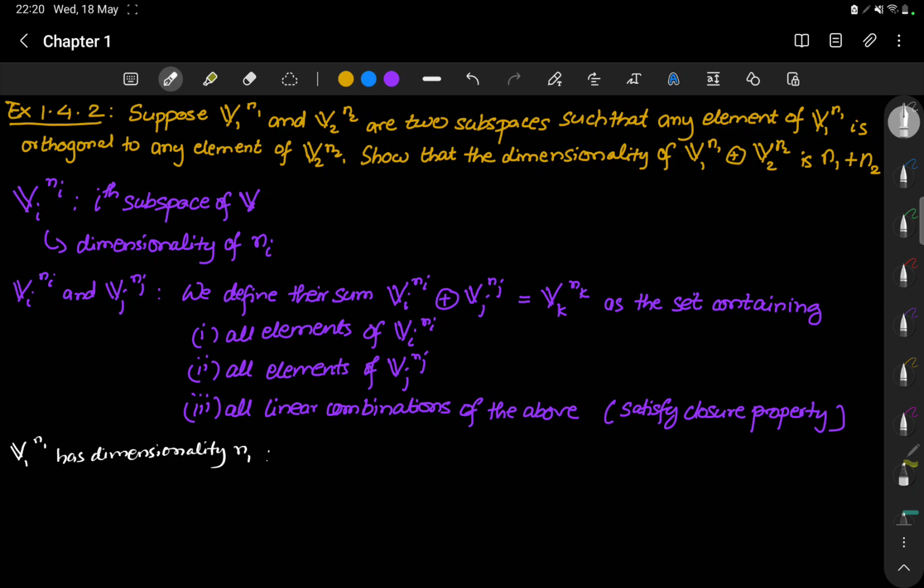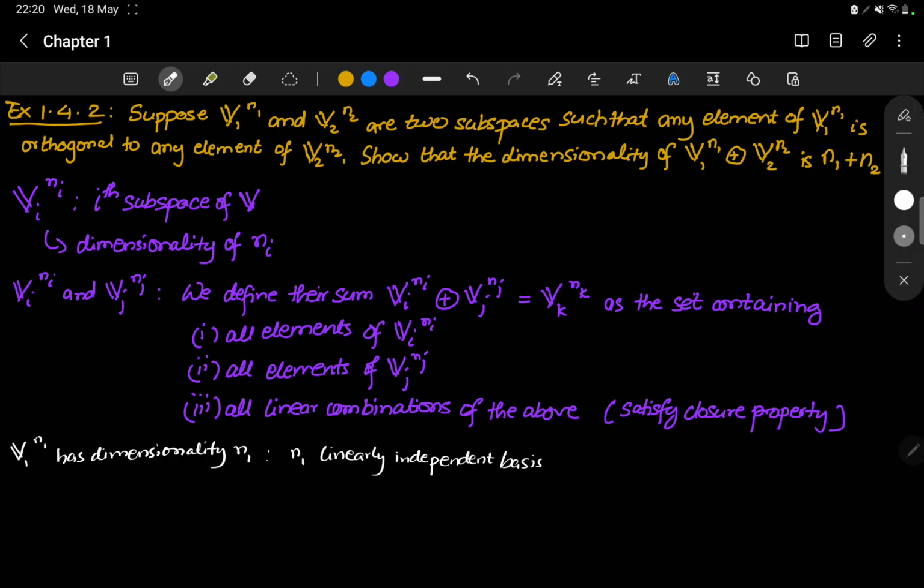So this means that there will be N1 linearly independent basis vectors, and these linearly independent basis vectors can be made orthonormal by Gram-Schmidt.